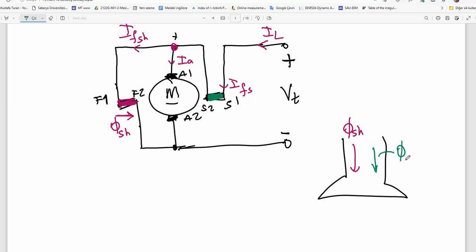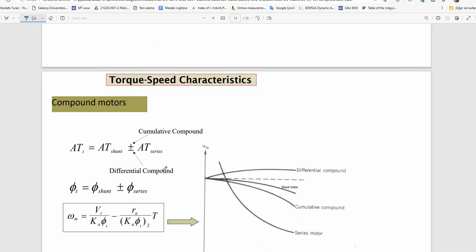Here the series field would be added, making a higher summation. Total flux will be larger than the shunt field. I mean, the series field supports the shunt field, and there is a larger value, cumulative compound.